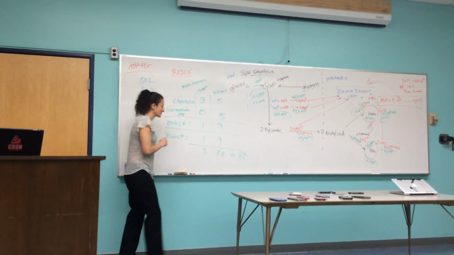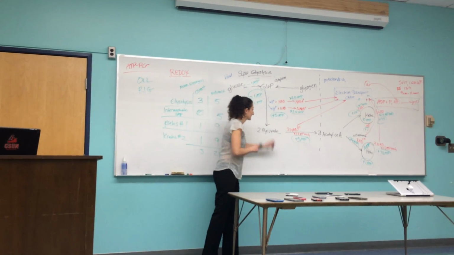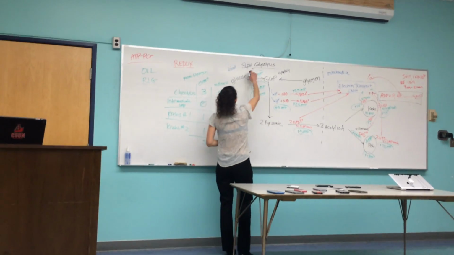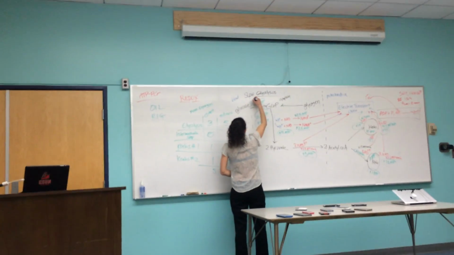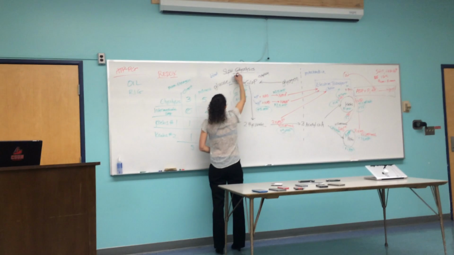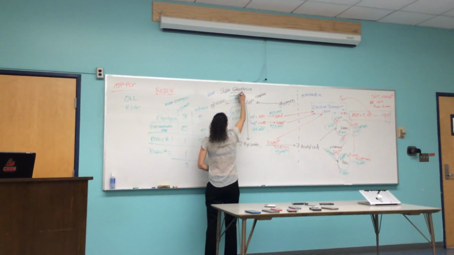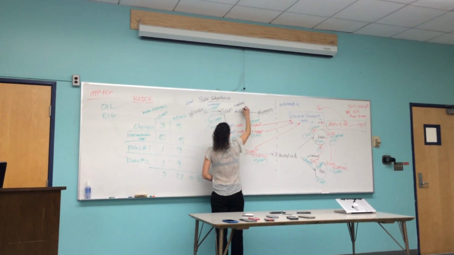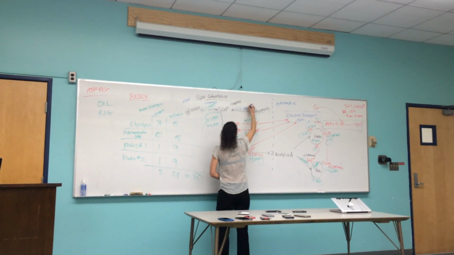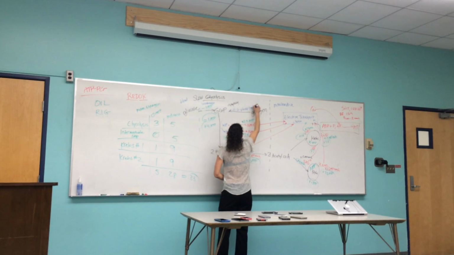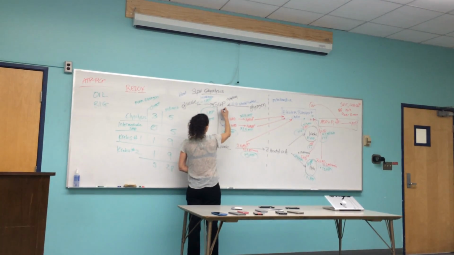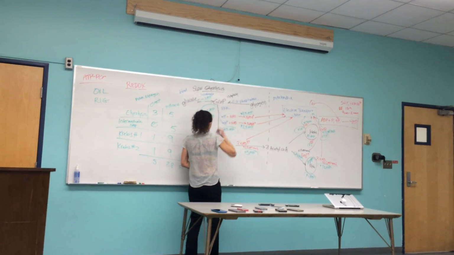Okay. I'm going to add enzymes to this process, and then we'll be done with this process. Here we already know the enzyme. What is it? Glucose 6-phosphate. Glycolysis, we already know the enzyme. What is it? Phosphofructokinase.